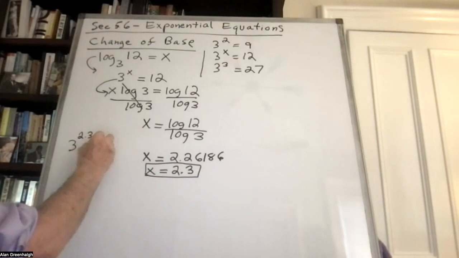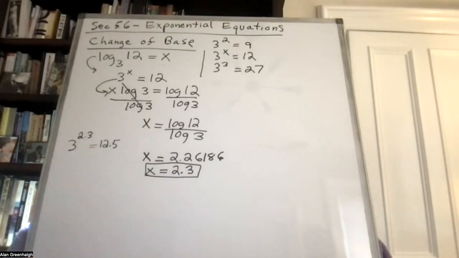Huh, what's the problem there? We're supposed to be getting 3 to the 2.3 is equal to 12, and we're getting 12.5. What's the problem? Why isn't this giving us what we're looking for, which is 12? What's wrong with this?